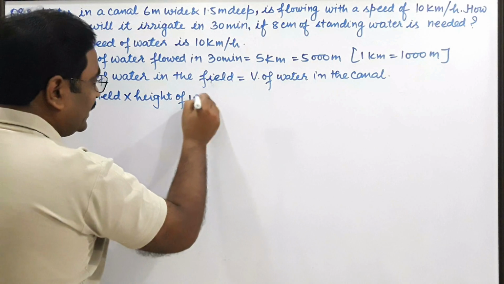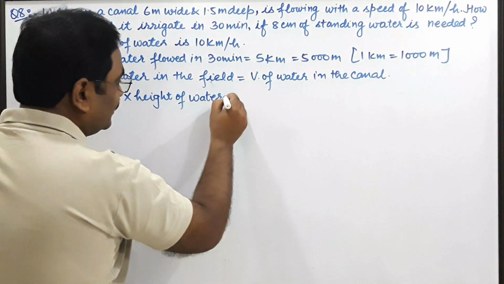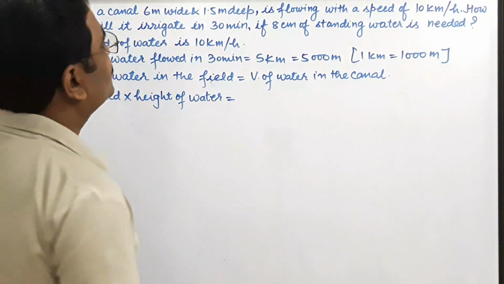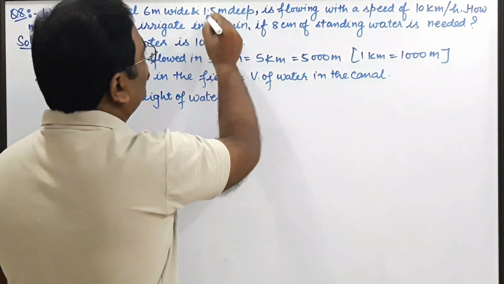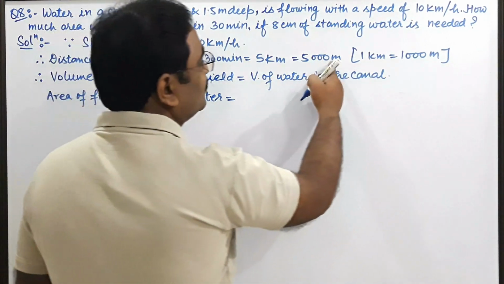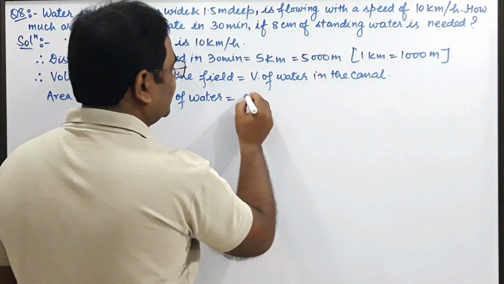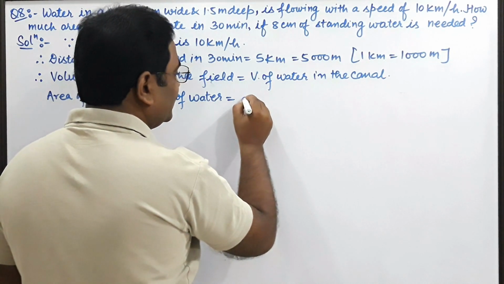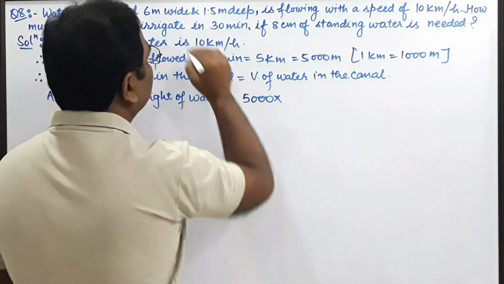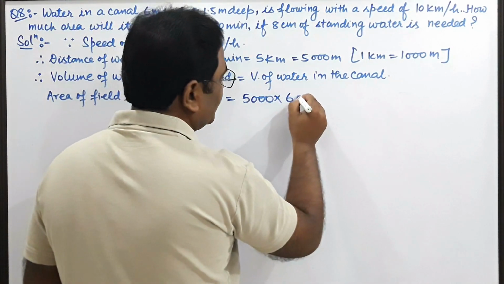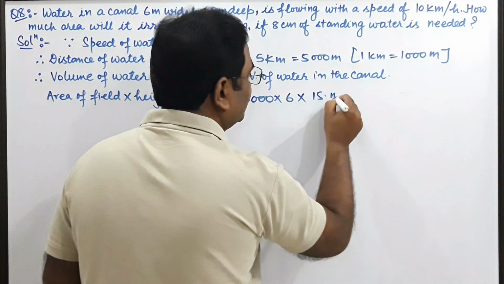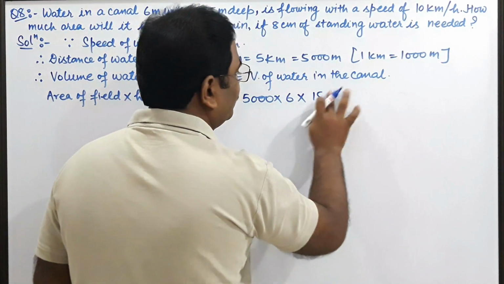Height of water in the field is equals to volume of water in the canal, which is 6 meter wide, 1.5 meter deep and 5000 meter in the length. So length is 5000 multiplied by breadth is 6 meter multiplied by 1.5 meter, 1.5 meter deep.